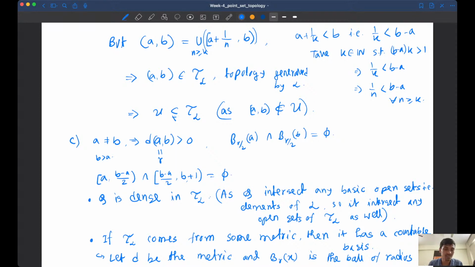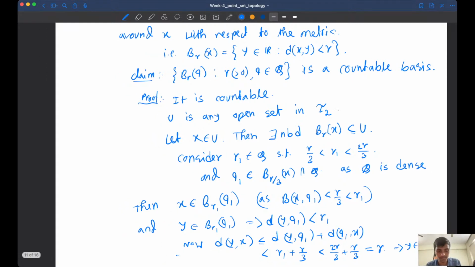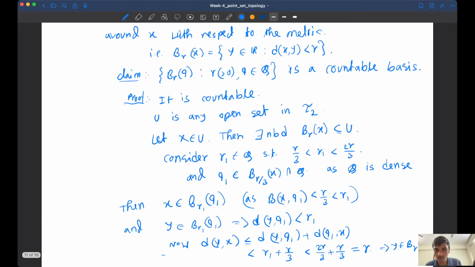We indeed need the density of Q in this proof, because B(x, r/3) intersection Q is non-empty, so this q1 exists as Q is dense.